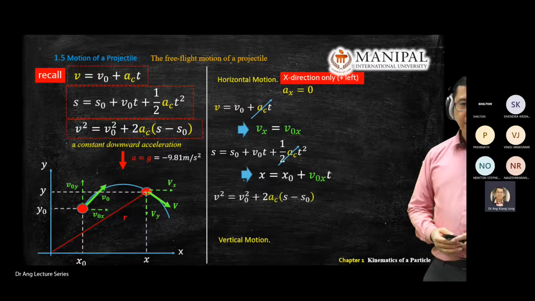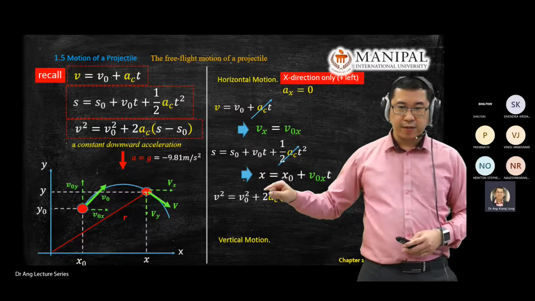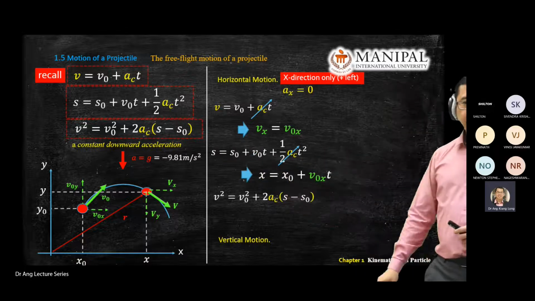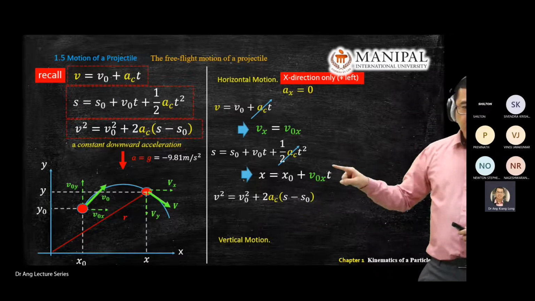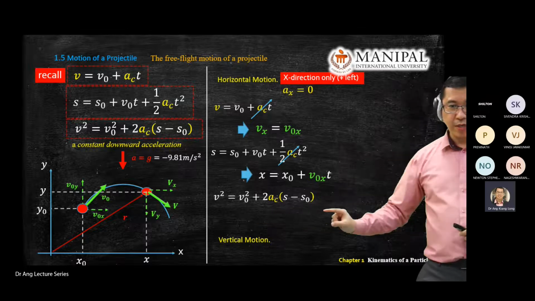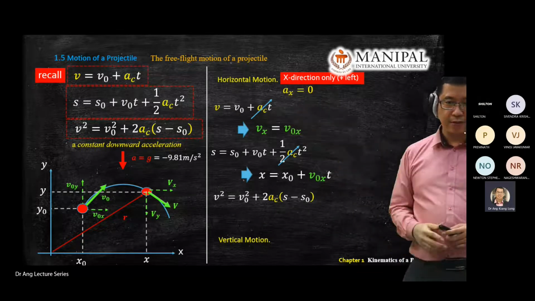Copy the equation first. I copy the third Newton motion equation over here. Are you able to do the same as the previous two and derive a new equation for the horizontal direction?